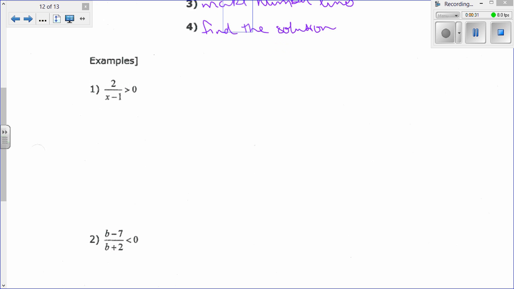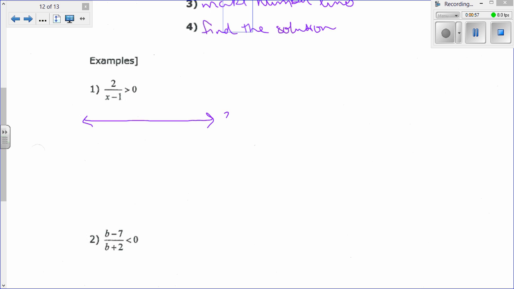So as we start here, I have 2 over x minus 1. All my variables are on one side of the inequality, and I like to have everything always on the left side of the inequality. And this is not factorable, so I'm going to go ahead and start making number lines. I need to make a number line for the numerator, a number line for the denominator, and a number line for my answer.